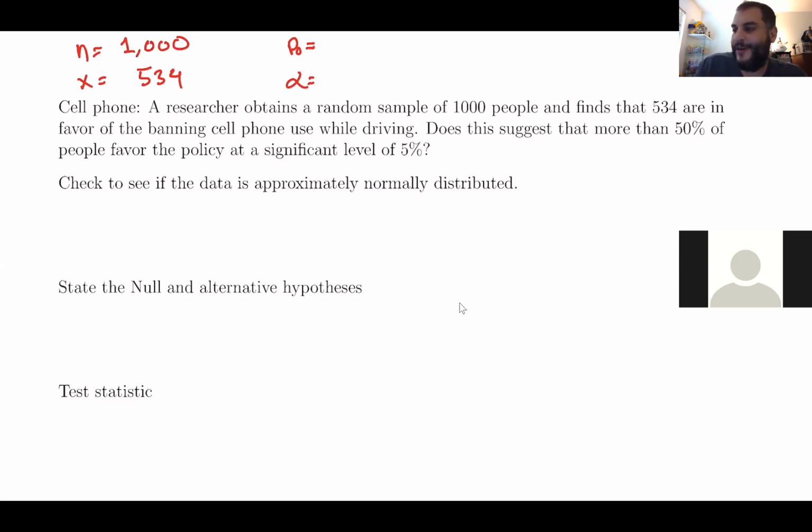Yeah, 0.05. And what are they claiming should be the percentage of people who favor this policy? Yeah, 0.50. All right. Everybody good with that so far?